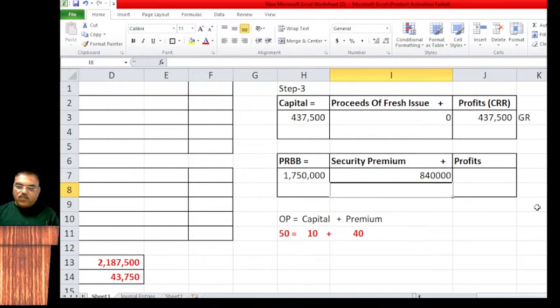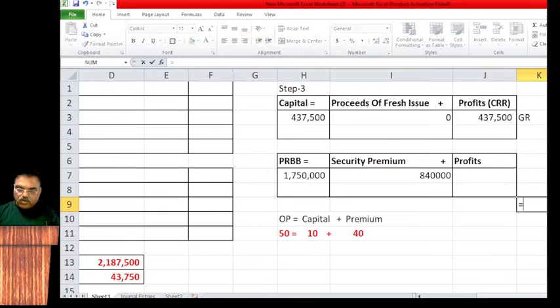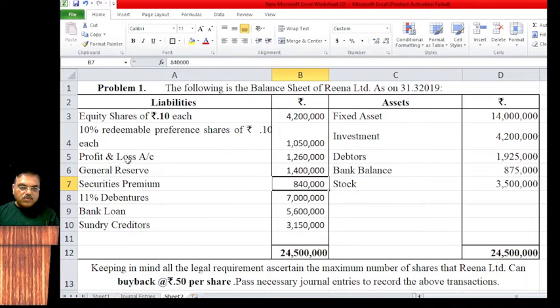Now we will find out how much balance is left. That means 17,50,000 minus 8,40,000. Still we require 9,10,000. Is that amount available in general reserve? How much amount is there in general reserve? 14 lakh.